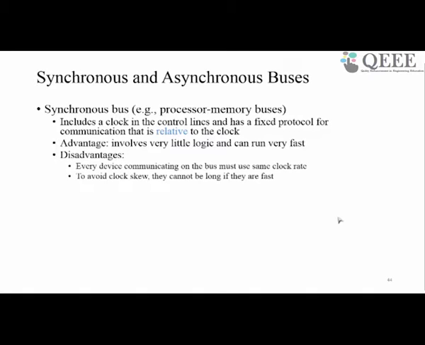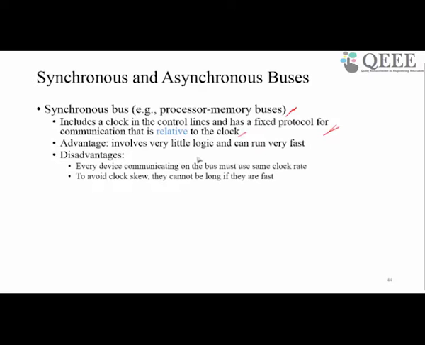A synchronous bus, for example the processor-memory bus, is controlled by a clock. Its clock is a part of the signals that go between the two devices, and the protocol is also very simple because it is assumed that both devices are synchronized by this clock.